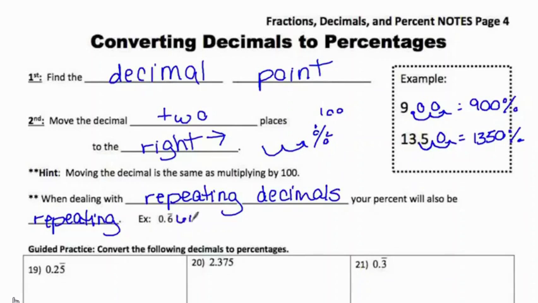What I think is easier is to add a few 6s to remind yourself that it's repeating. Then you move your decimal 2, 1, 2. So it becomes 66.6, and because this 6 goes on forever, repeating percent. You have to put the repeating bar over the 6 to show that the 6 is repeating on forever, even though it's a percentage.